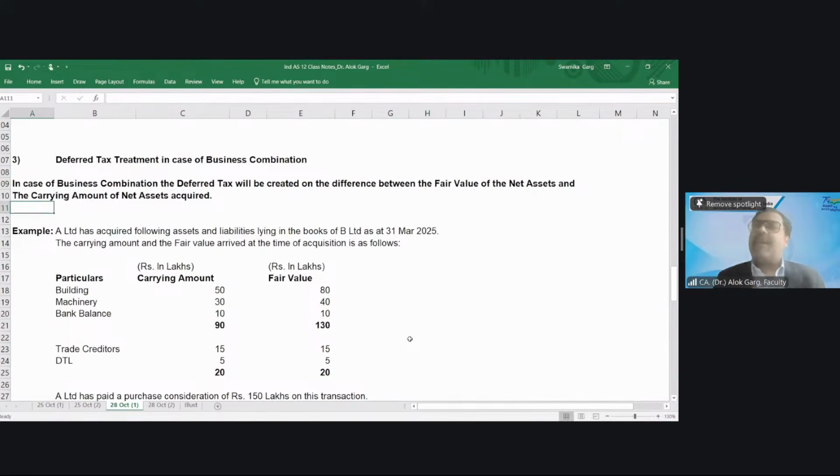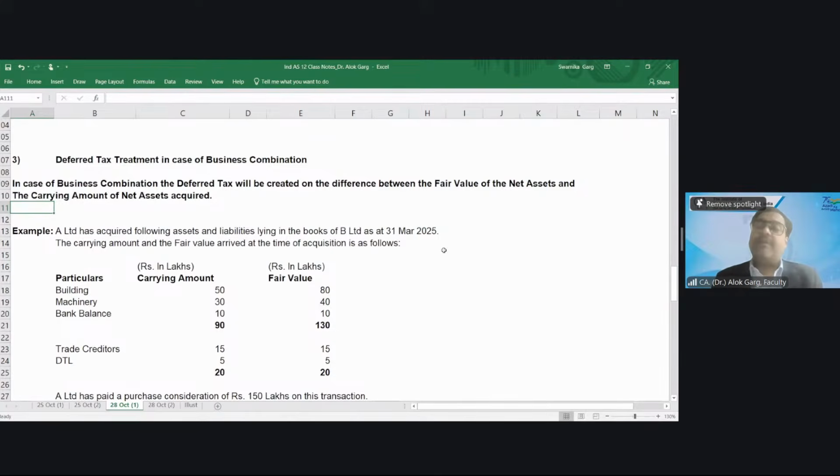So friends, what happened in accounting standards? In AS, the book value approach was used. Whatever is the book value in the books of the acquiree becomes the value in the books of the acquirer. So there was no question of arising of deferred tax asset or liability, right?